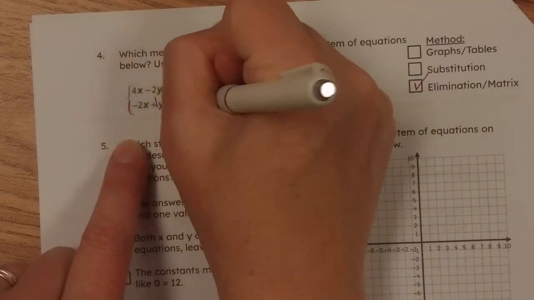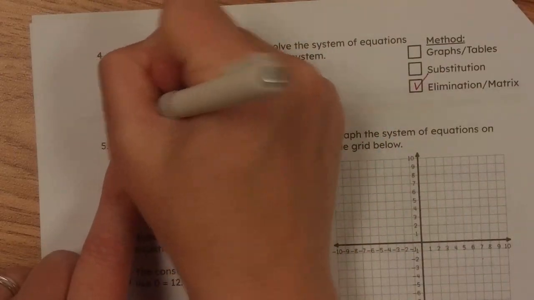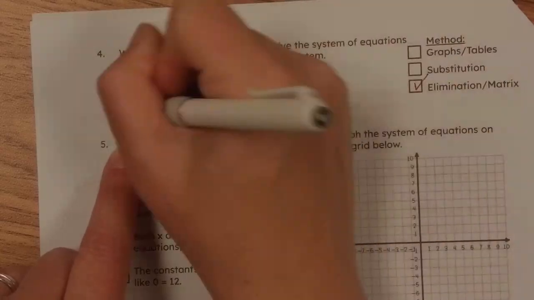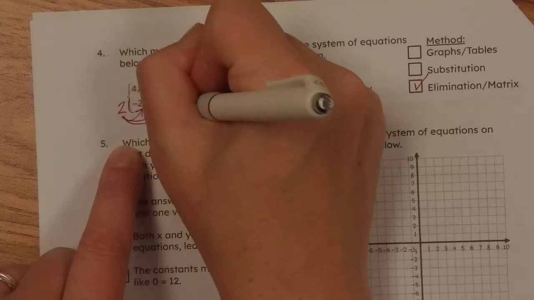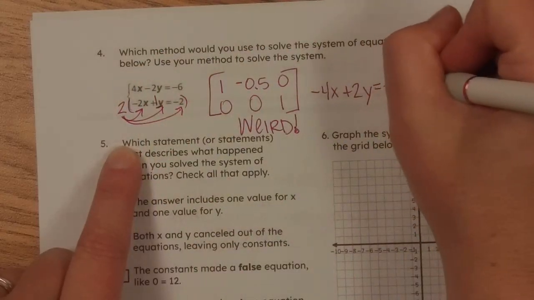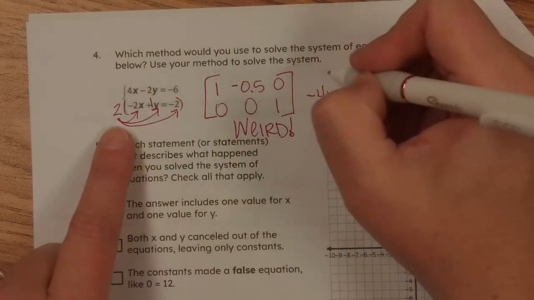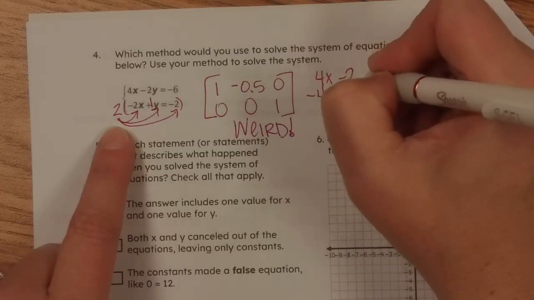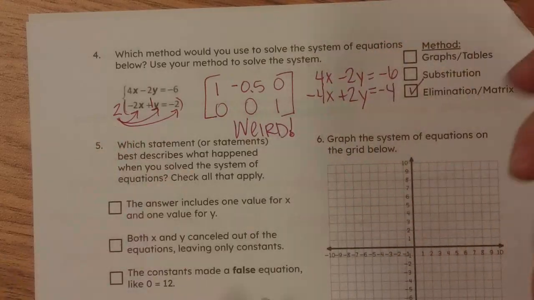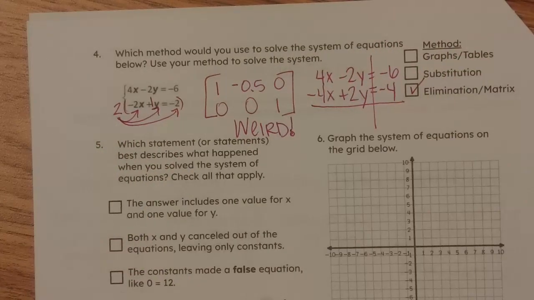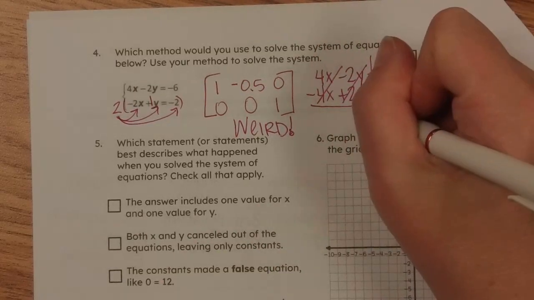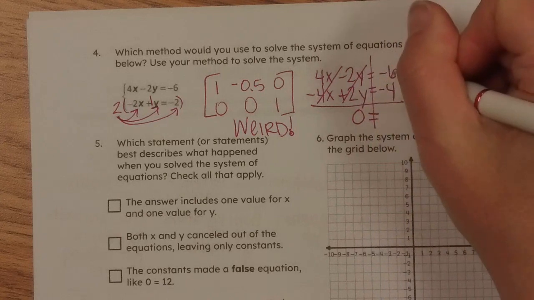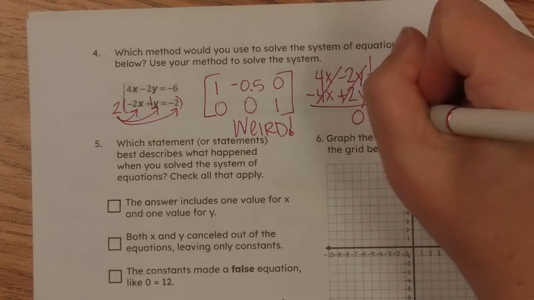If I multiply the bottom equation by 2, we get -4x, positive 2y, -4 on the other side. And then on top we have 4x minus 2y equals -6. So now we'll go do that elimination thing. Everything cancels, so I write 0. And then on this side I combine my 6 and my 4 and I get -10.